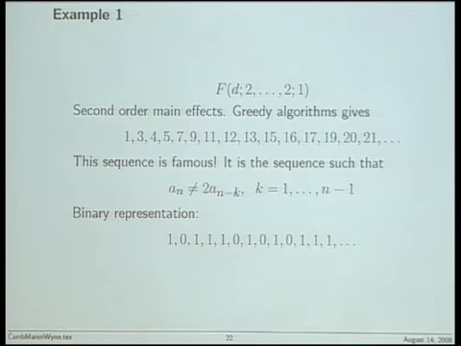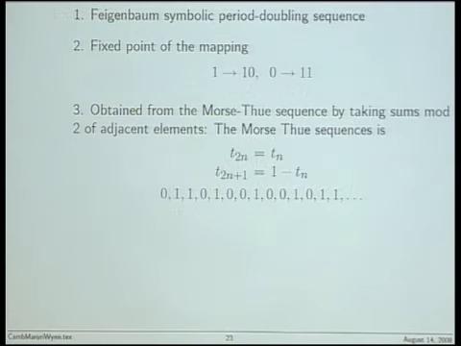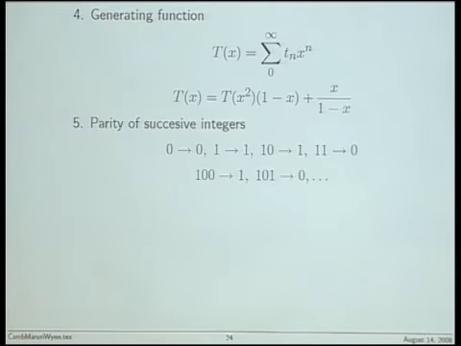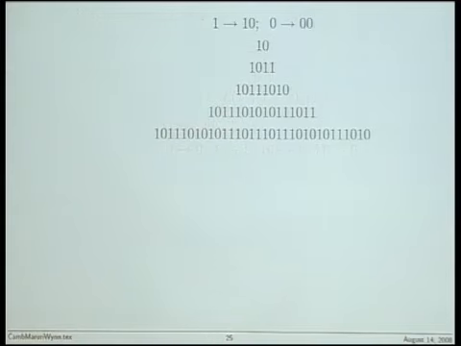So Gn should not be equal to twice any of the previous ones, and you get this very strange binary sequence. Well, this turns out to be the Feigenbaum period doubling sequence. It's a fixed point of this mapping, and there's a lot known about it, and let me show how the Feigenbaum system works. You start out with 1, 0.